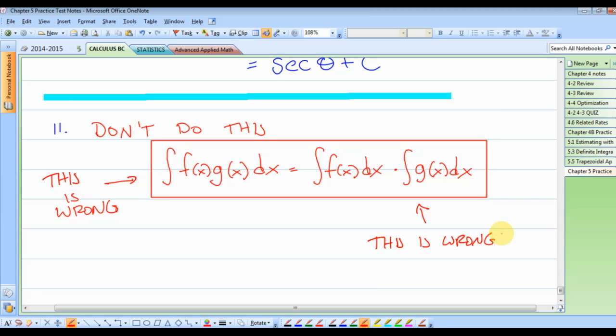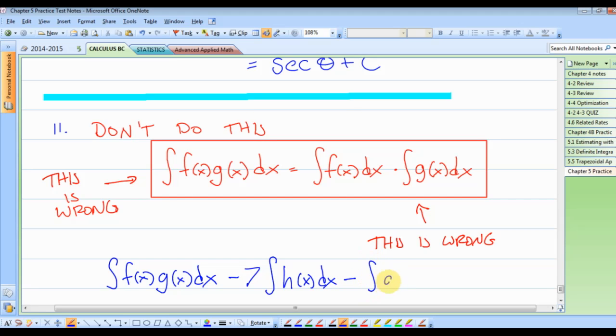You can, absolutely, no problem, turn this into the following. You can separate. That's fine.